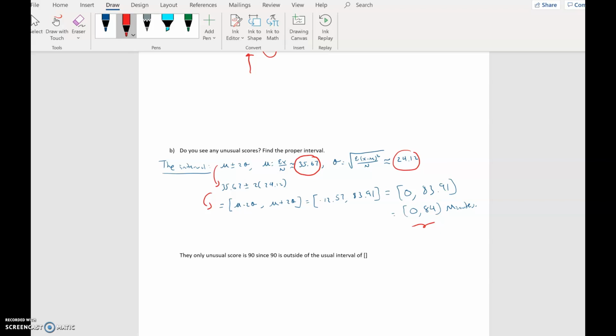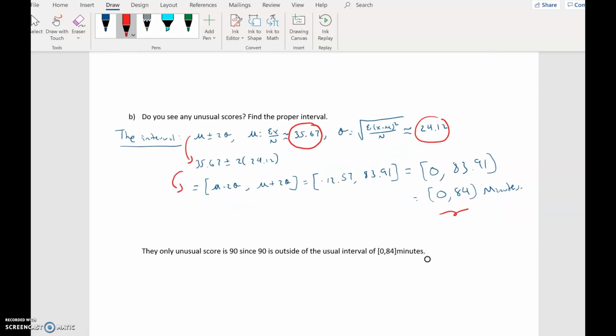And our usual interval happened to be 0 to 84, technically minutes. So you have to make sure that you write it in a format that it's clear that technically you're looking at an interval, and that's where we should have 95% of the data.